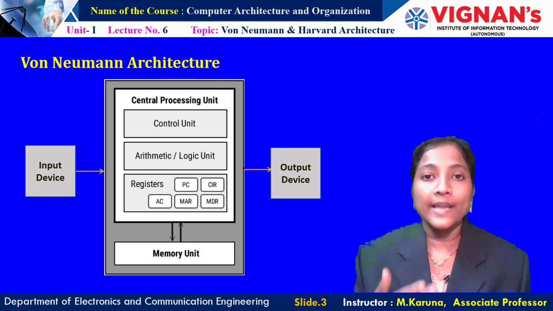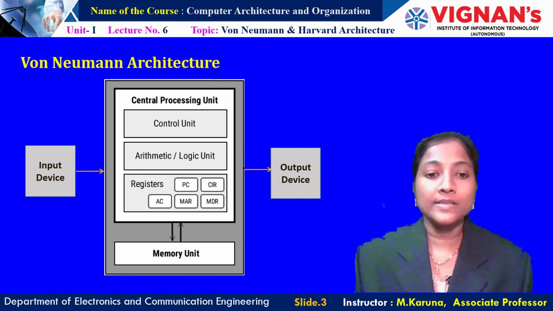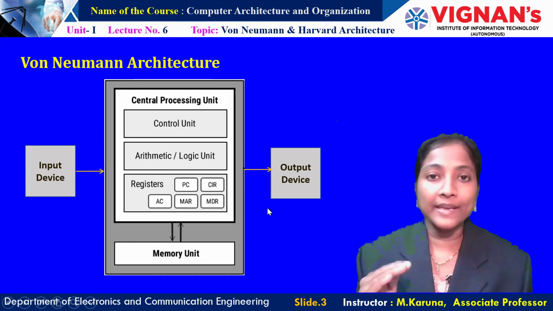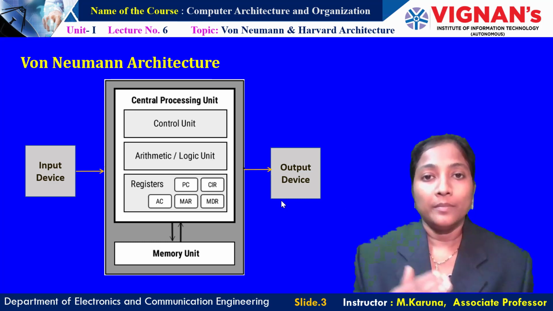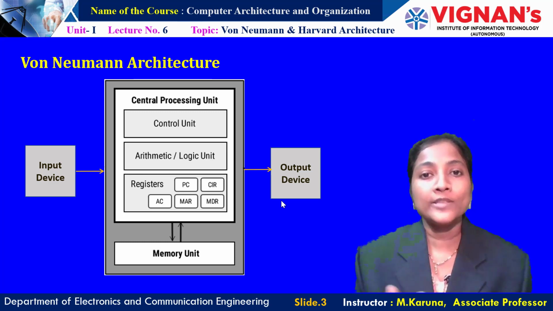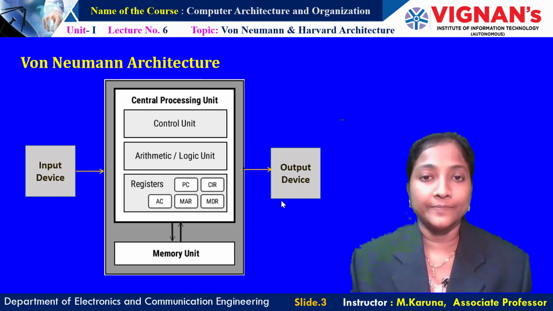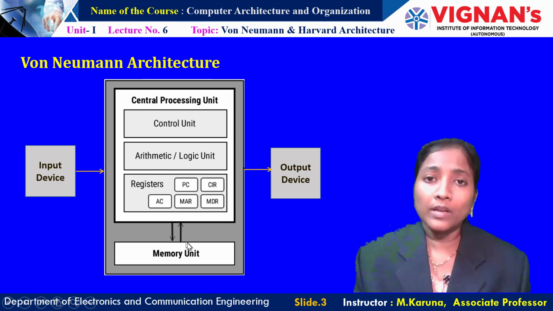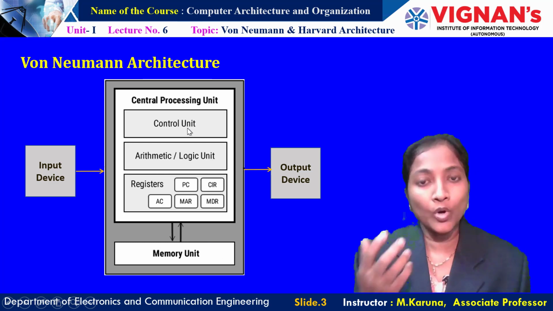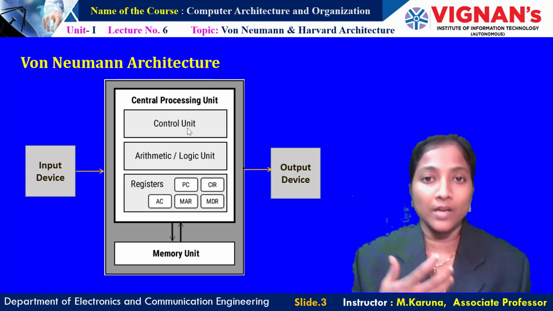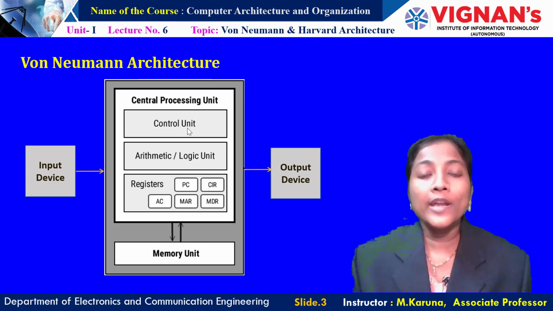This address bus exists between memory and processor. The data bus carries data bits, which exist between processor and memory as well as processor and IO devices. The control bus carries control signals, which are issued by the control unit, which coordinates all the activities of the functional units.